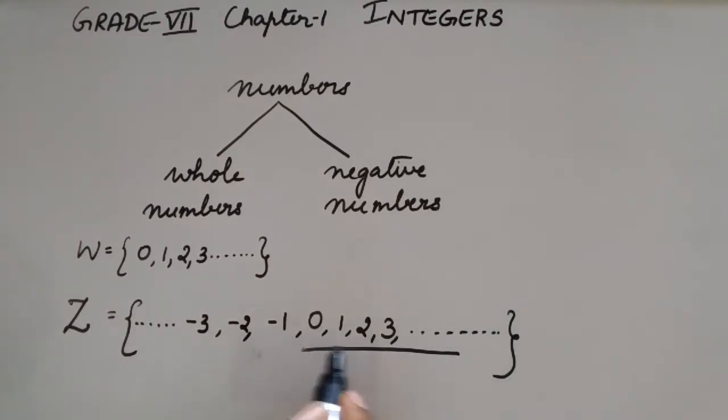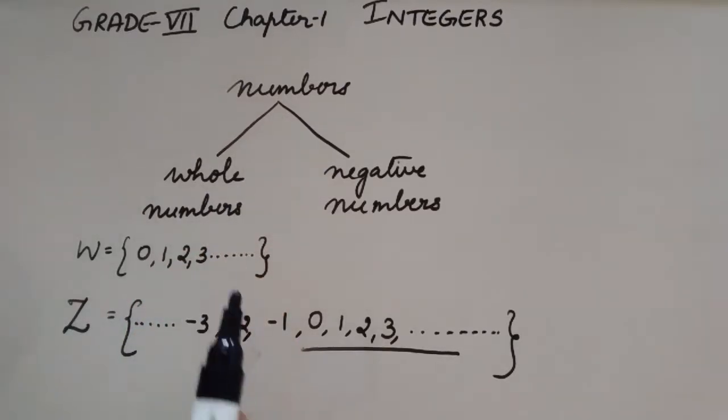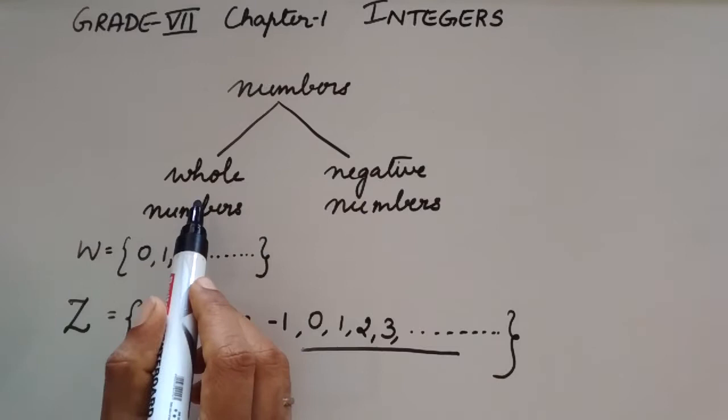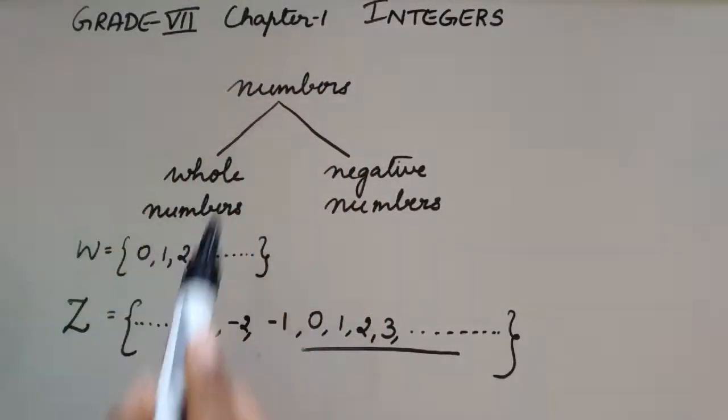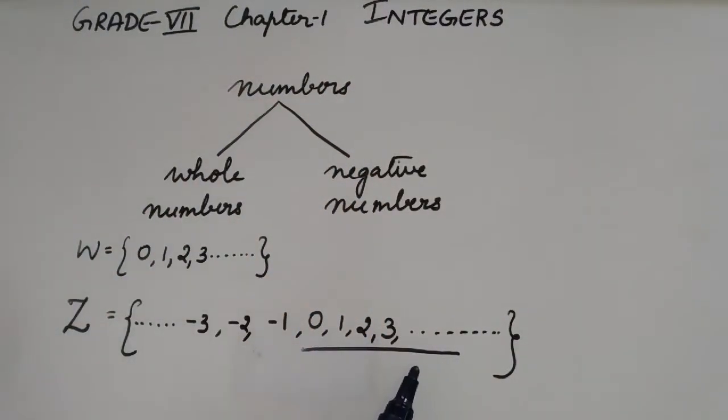And along with the whole numbers, to the left, we find the negative numbers, that is the numbers with a minus sign. Therefore, as I told you in the beginning, integers is a collection of numbers which contain the whole numbers and the negative numbers.